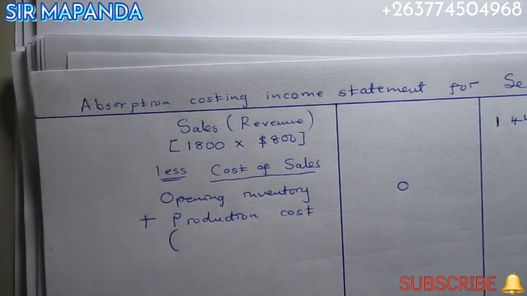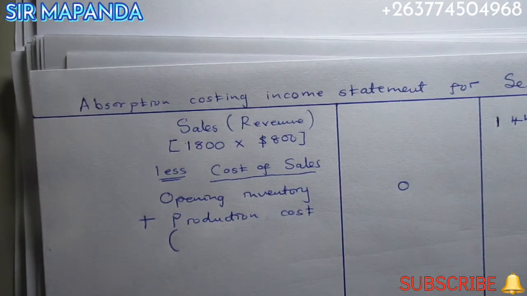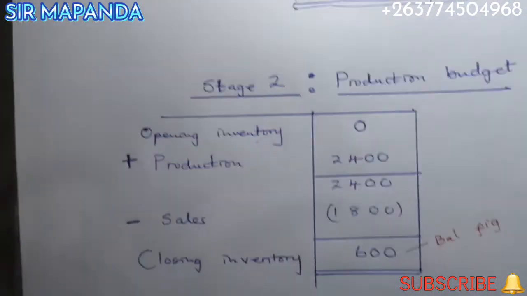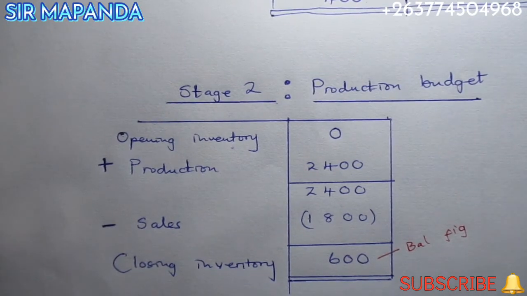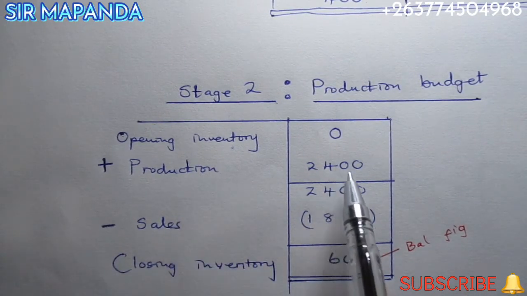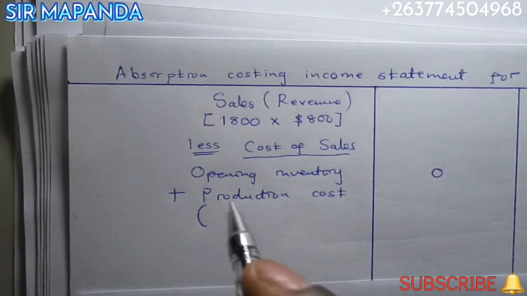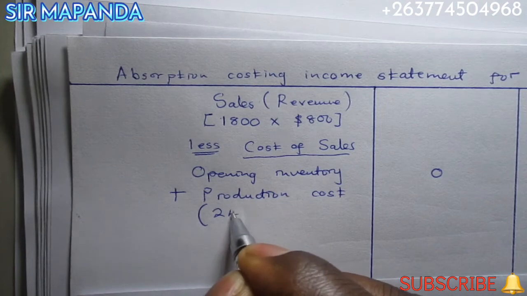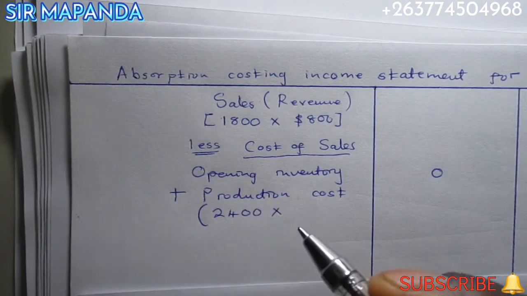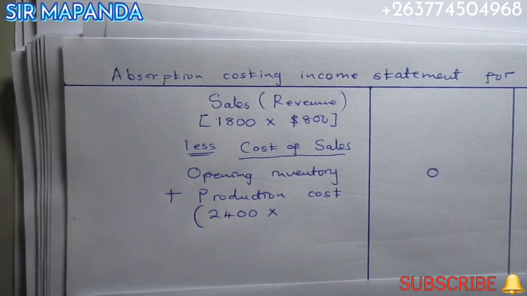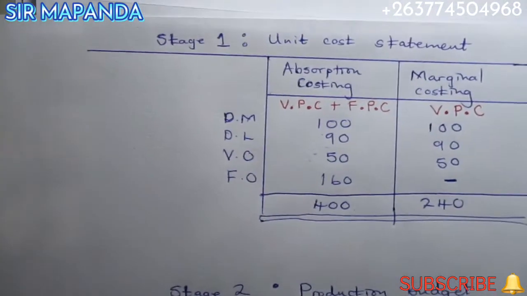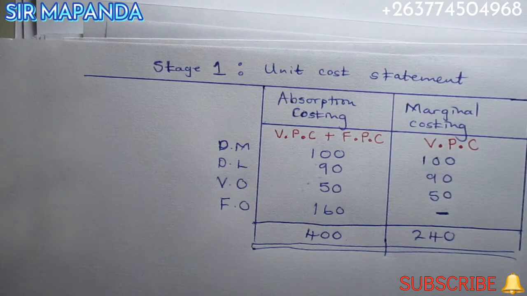So to calculate the production cost, it is very simple. You look into your production budget or your quantity statement. You can clearly notice that 2,400 units were produced. So I'm going to take 2,400 units and multiply it with the unit cost under absorption. So remember, we prepared stage 1 to calculate the unit cost under absorption and the marginal.